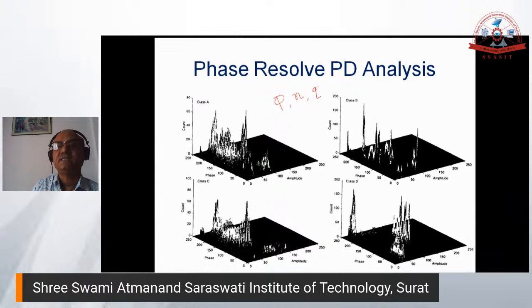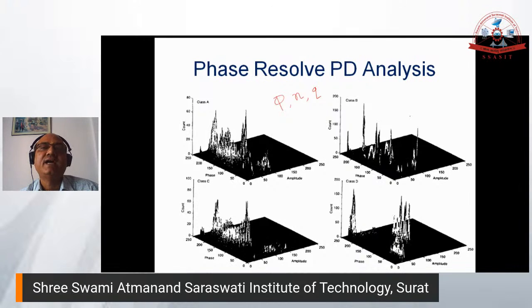That is normally represented in the chart. The PD unit is normally picocoulomb. In some situations they put it in millivolt also, in the case of a rotating machine, but in most cases we go for picocoulomb. So phi, q, n again, that has been put over here. So phase is phi, count is n, and q is the magnitude, amplitude.